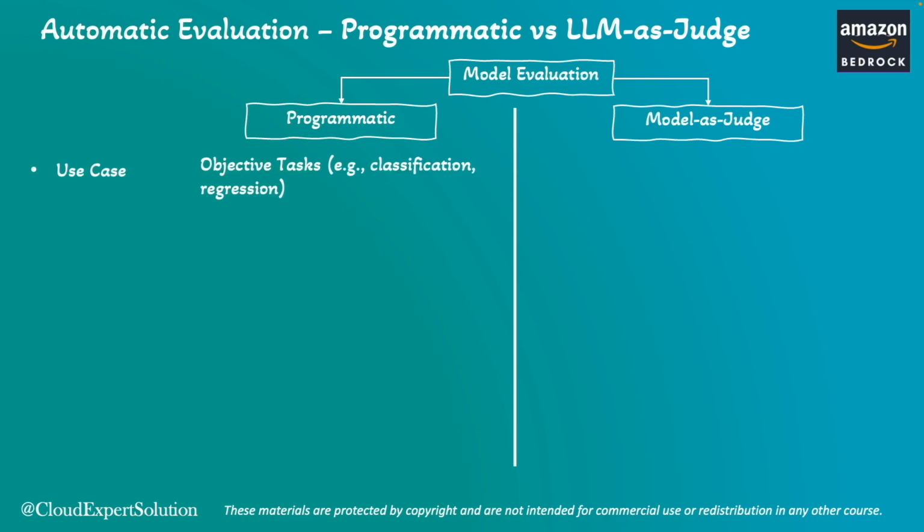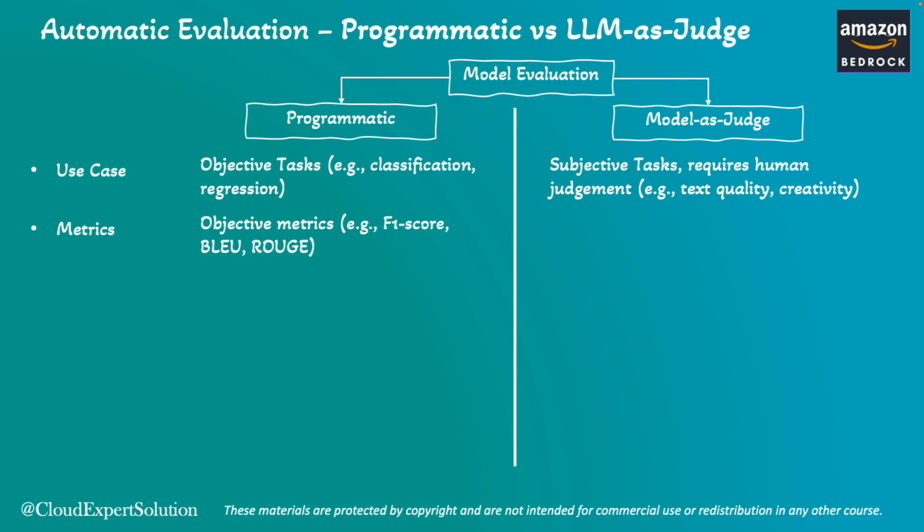Programmatic should be used when we have objective task requirements, that means where a clear ground truth label exists, like for classifications and regressions. On the other hand, if we have a subjective task where human-like judgment is required, like text quality analysis or evaluating creativity, for those use cases you can use model as judge, or LLM as judge.